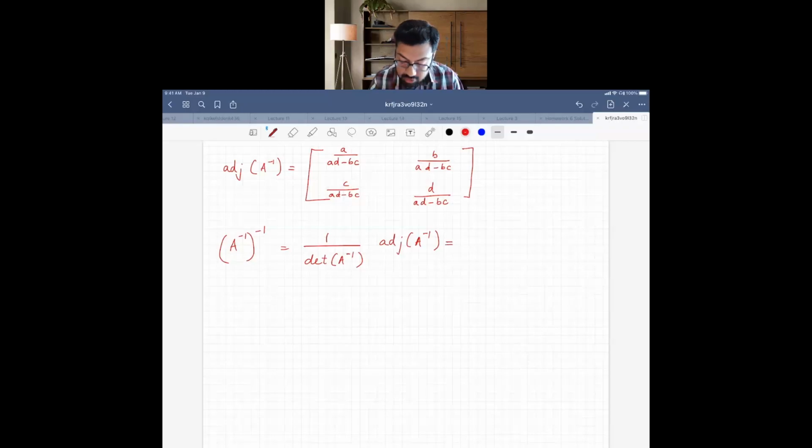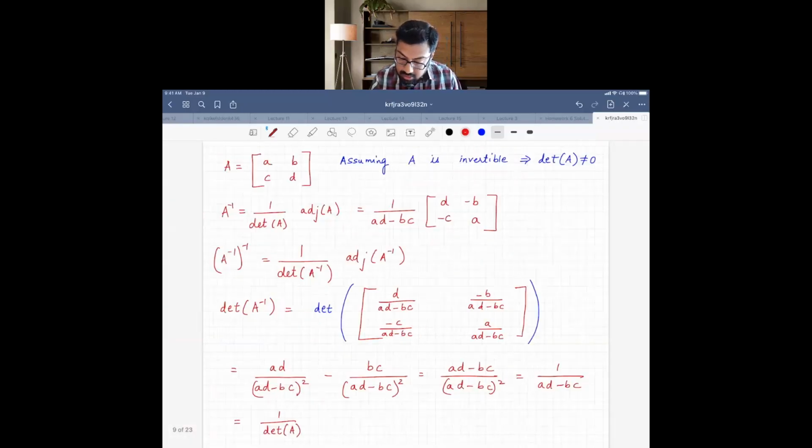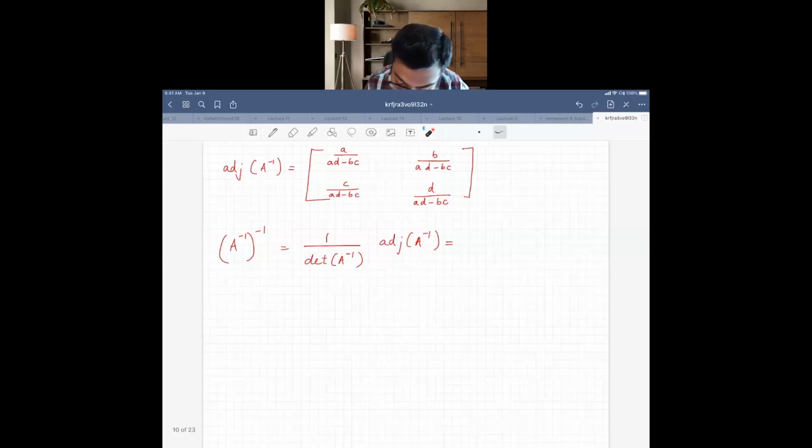Determinant of A inverse, what was it? 1 divided by AD minus BC, right? So that is, if you have 1 divided by that, you simply have AD minus BC now with the adjugate. So let me not even write that.